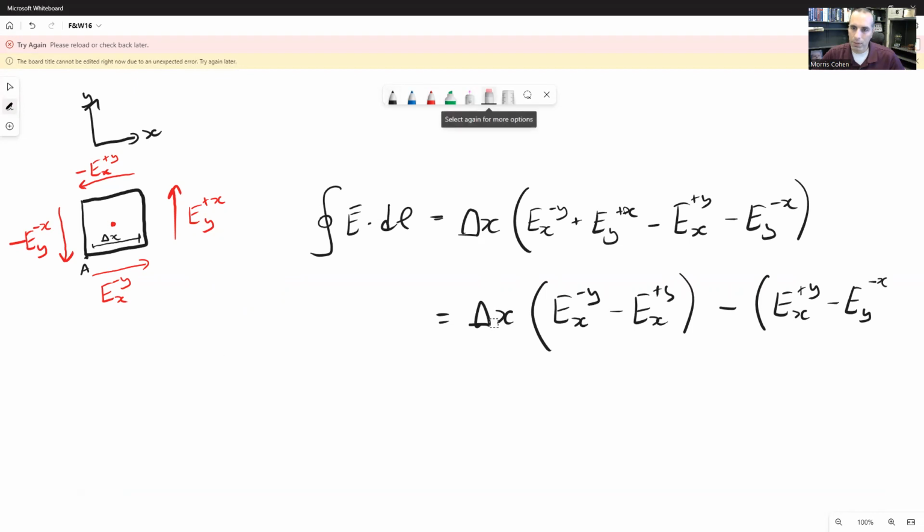Sorry, I rearranged this a little bit incorrectly. Let me just be consistent with the notes. This is Ex minus y plus Ey positive x.